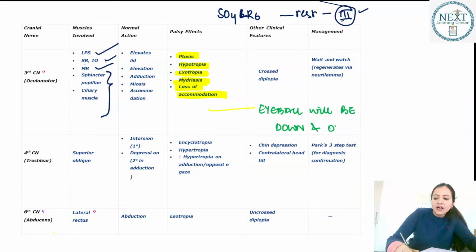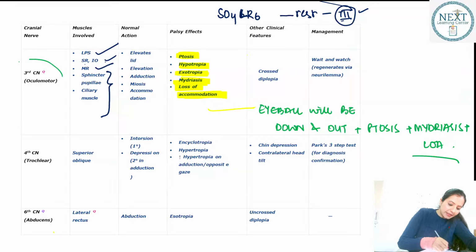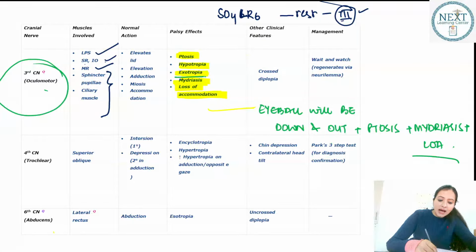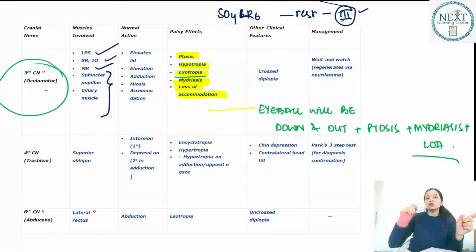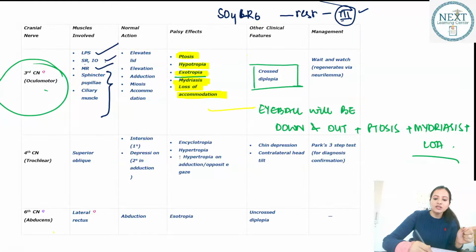So a down and out eyeball along with ptosis, along with mydriasis, loss of accommodation, that points towards third cranial nerve palsy. Since the eye is exotropic, on Maddox rod test the patient is going to have a crossed diplopia.